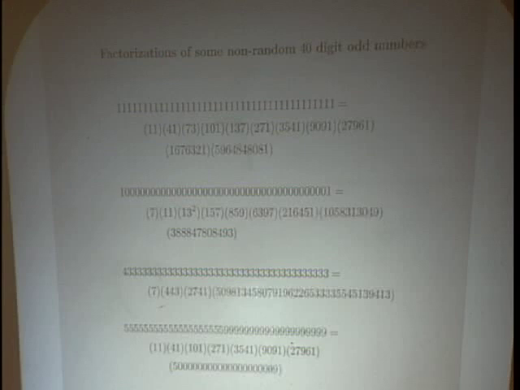I don't think it's very easy to make a special factorization pattern of any sort by choosing the digits. I guess the bottom line is you can't tell if a number is prime by looking at its digits. If the digits look sort of random and mixed up, it might be prime or it might not be.